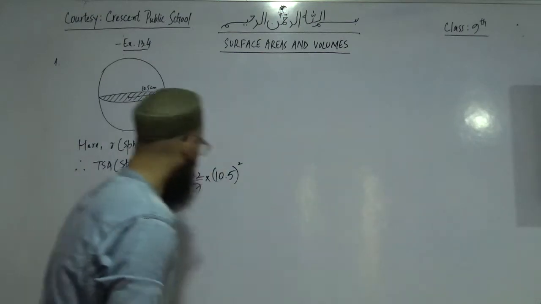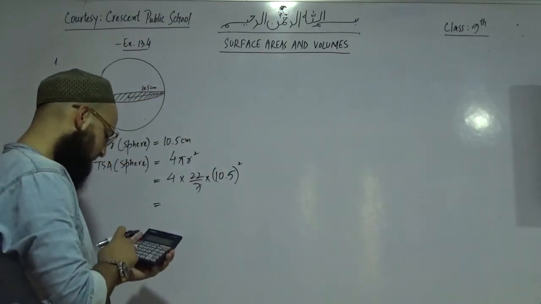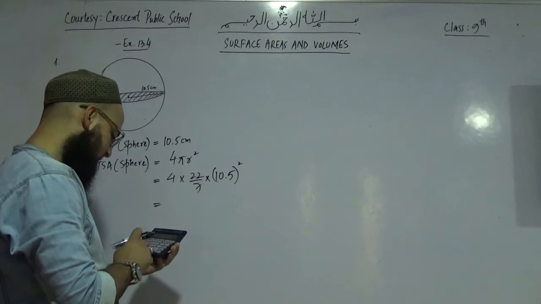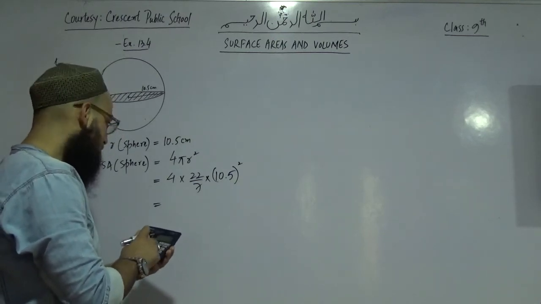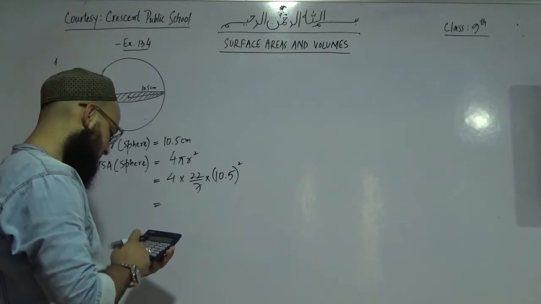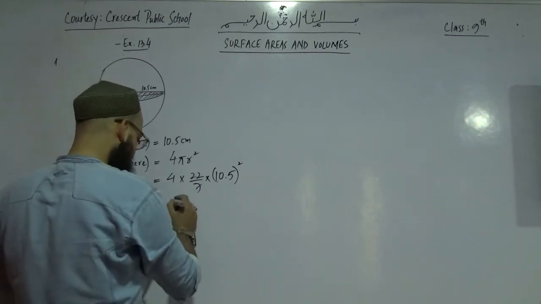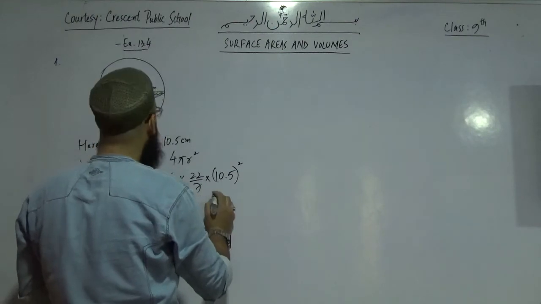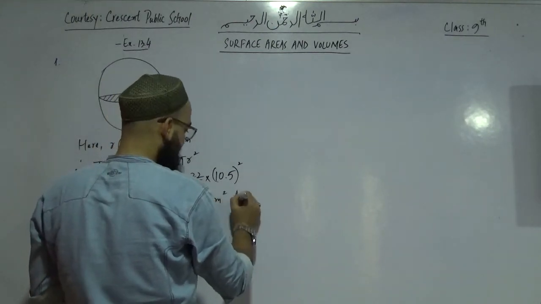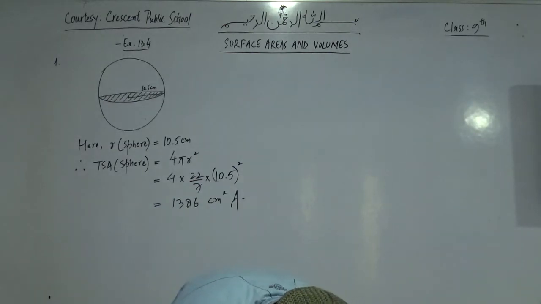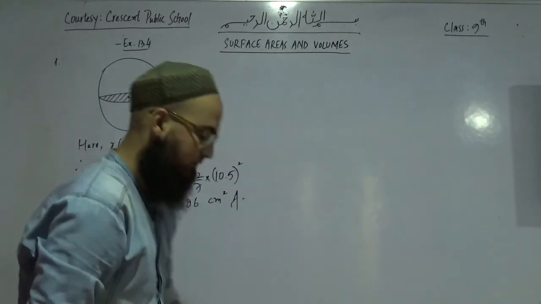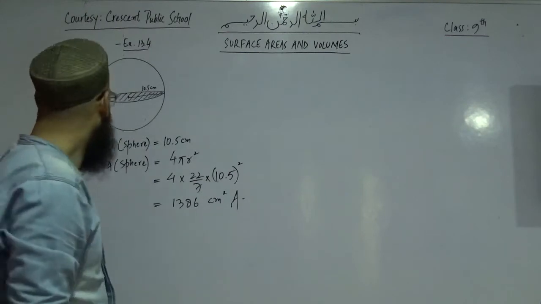Let me use the calculator to solve this. It's 10.5 times 10.5 times 22 times 4 divided by 7. It's 1386 square centimeter, and that's your answer. You got it?